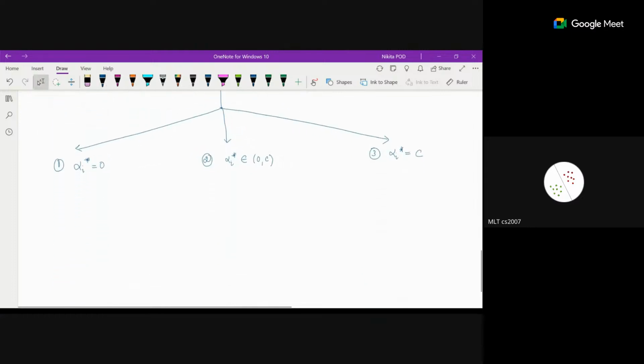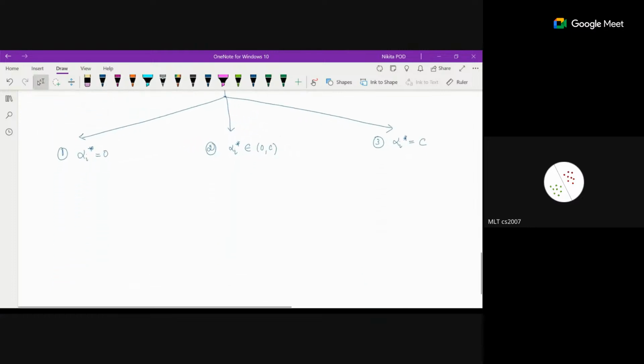Now, if we take my alpha I star to be equal to 0, then what can happen?